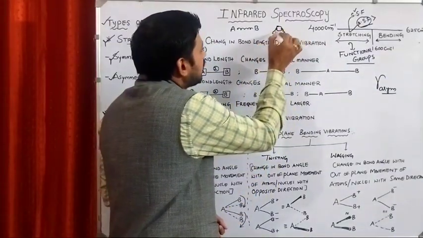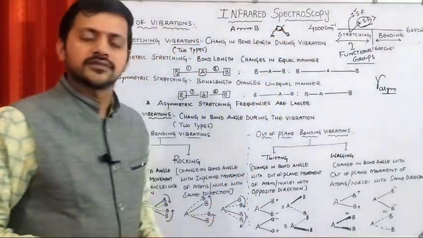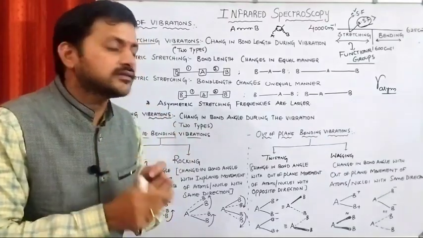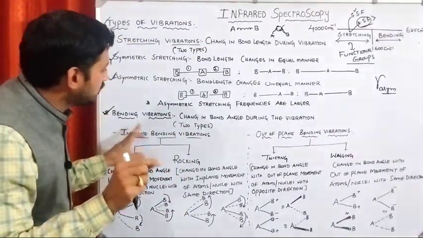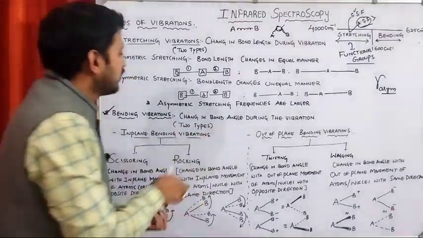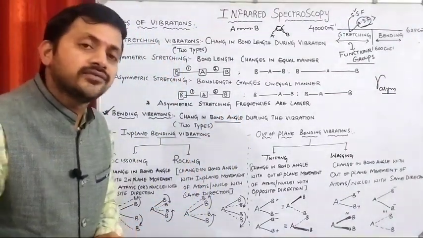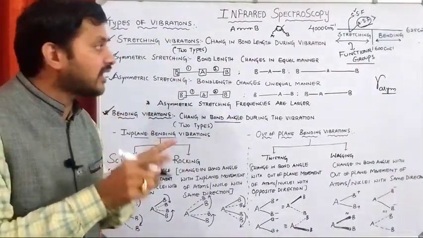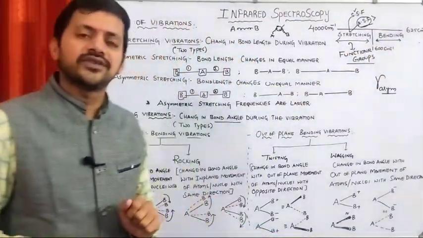The change in bond angle takes place or not? That is commonly called as bending vibration. In a particular vibration, if you observe the change in bond angle, such type of vibrations are commonly called as what? Bending vibrations.